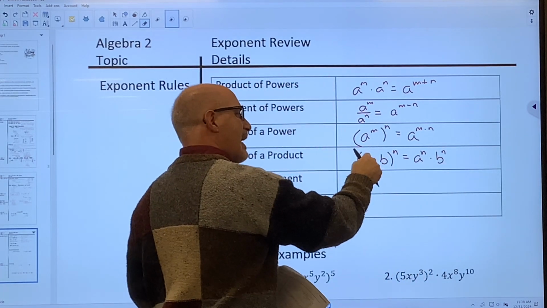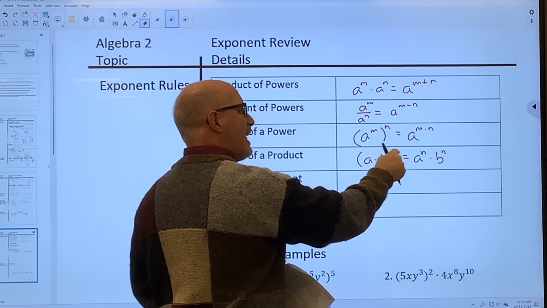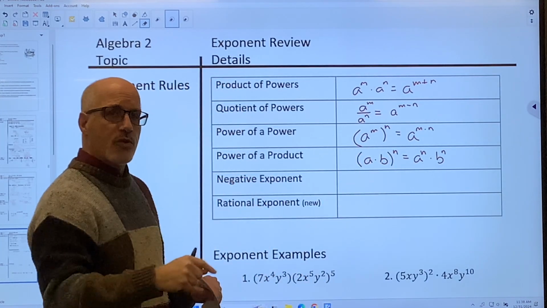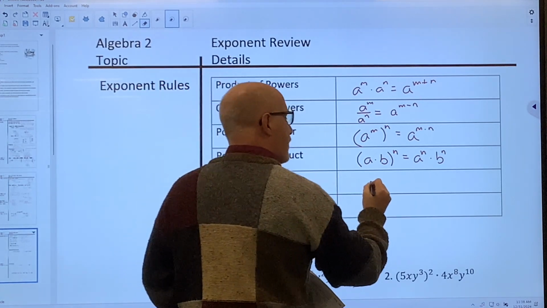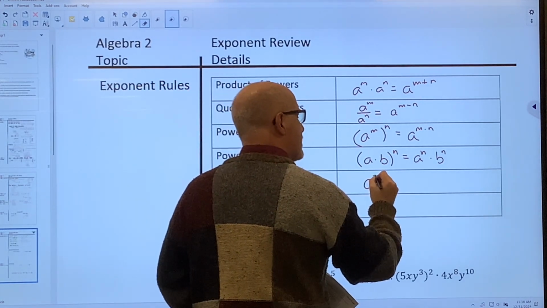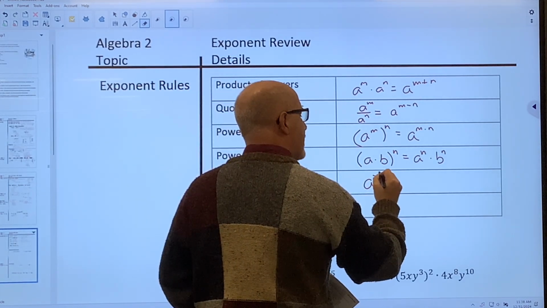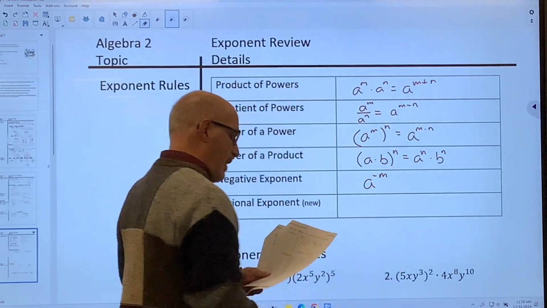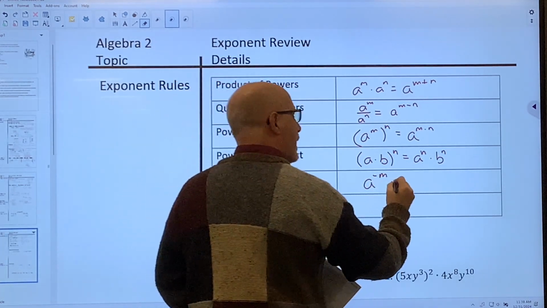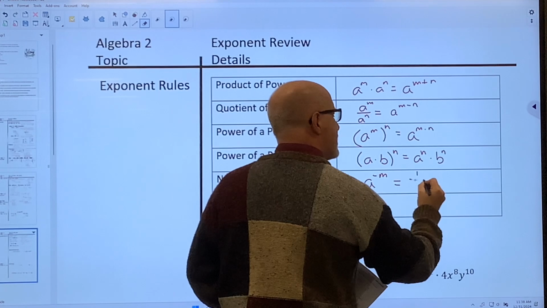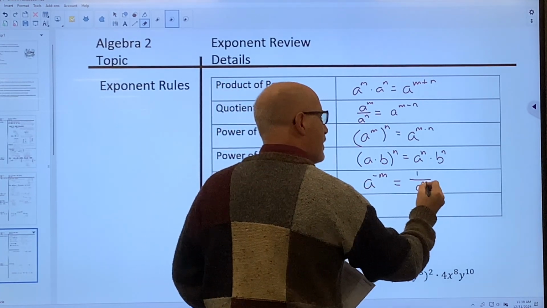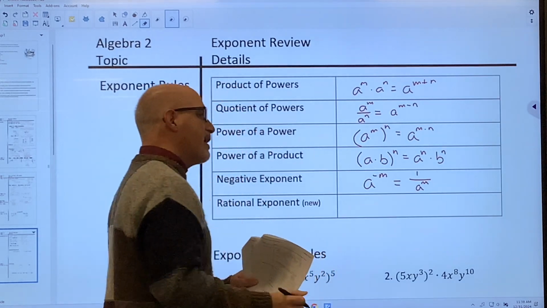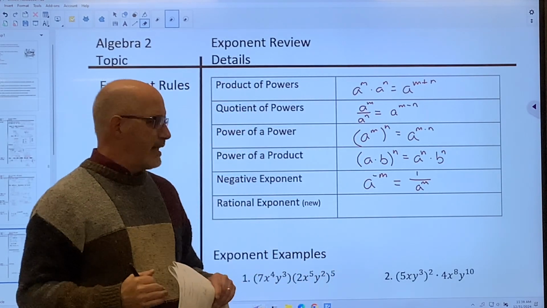So bring the nth power into the a and the n, each of the individual factors on the inside. Negative exponent we've already done, but we want to review this. If you've got a to the opposite of m power, you want to recognize that that means you're going to reciprocate it. Make the m a positive, but put it in the denominator. It becomes 1 over a to the m.